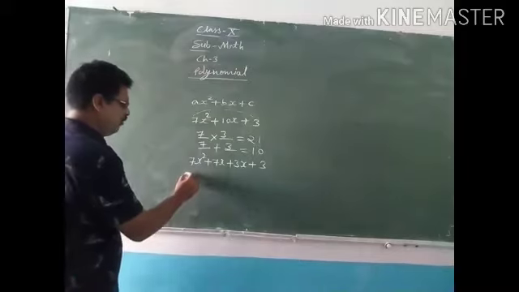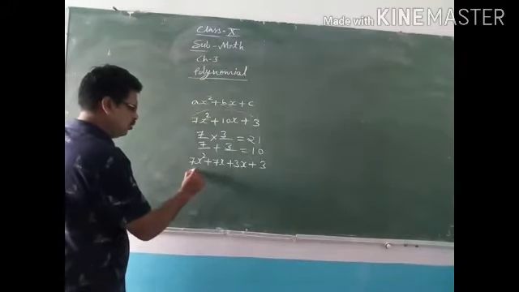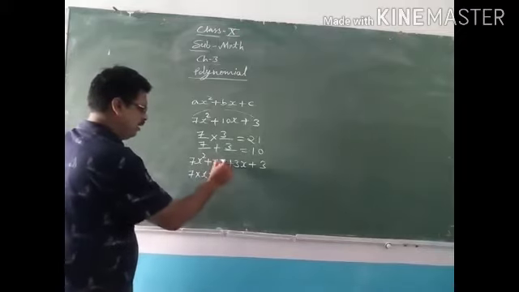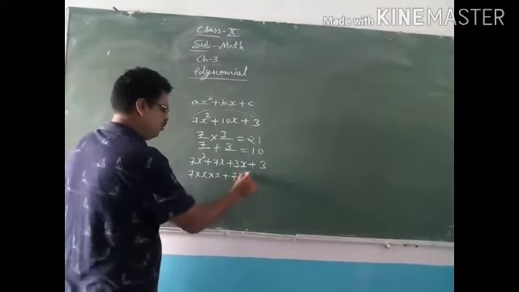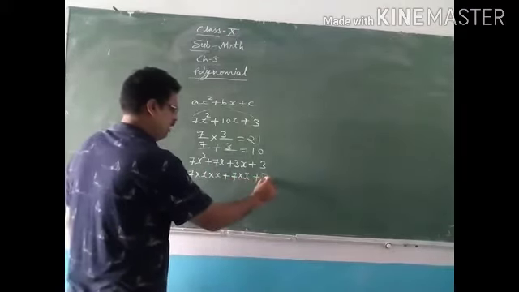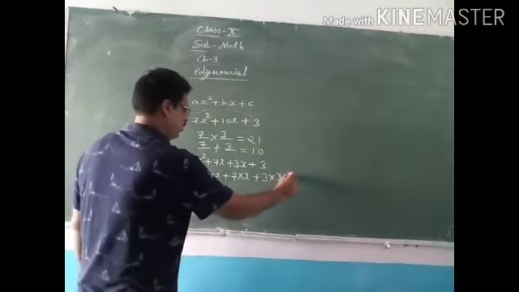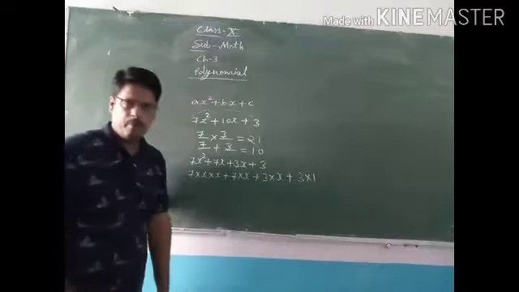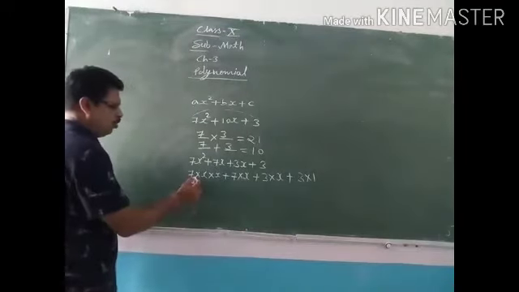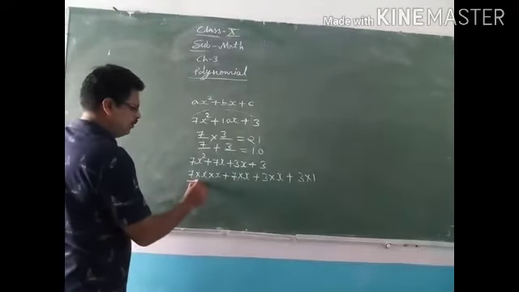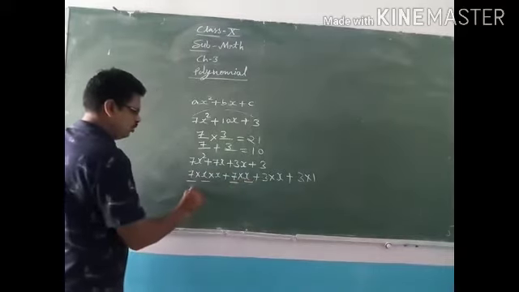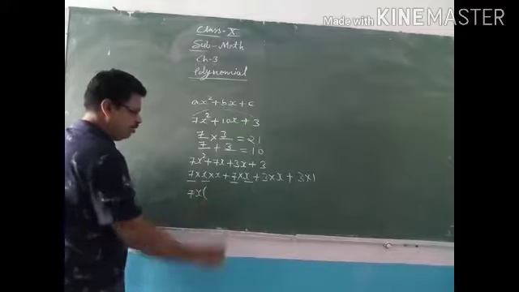So now we will have to take common. 7x square means 7 into x into x, plus 7x means 7 into x, plus 3x means 3 into x, plus 3 we can write 3 into 1. Okay, now we have to take common from the first and second terms. Which thing will come common? 7 and x. 7 and x we will take common.